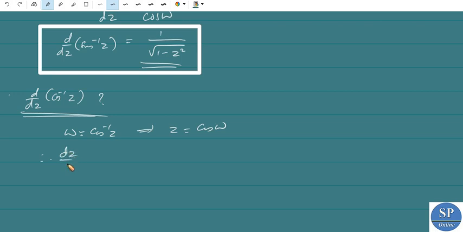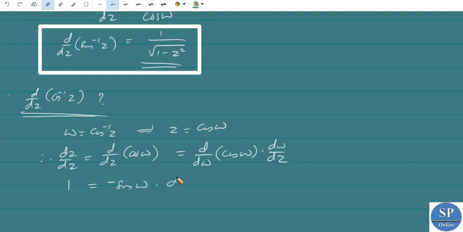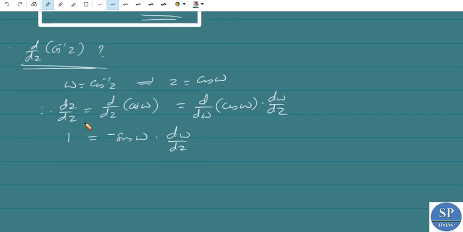Therefore dz by dz is equal to d by dz of cos w, which is equal to d by dw of cos w into dw by dz. So 1 is equal to d by dw of cos w, which is nothing but minus sine w, into dw by dz. So we have dw by dz, that is d by dz of cos inverse of z, equal to minus 1 by sine w.